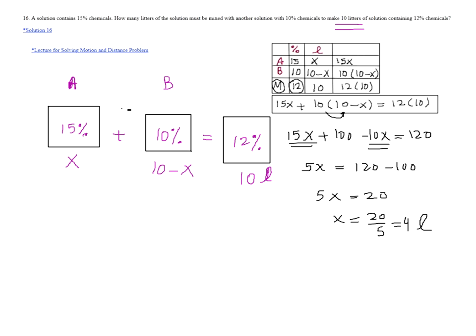So 4 liters we're going to use for the 15% strength. The rest goes to B, which is 10 minus 4, which would be 6 liters. And you can check to see if it adds up. It sure does. 4 liters plus 6 liters adds up to 10 liters, and everything is working out right here.